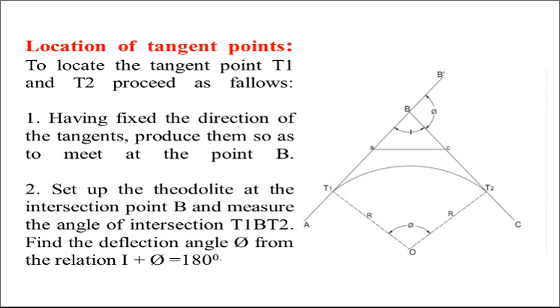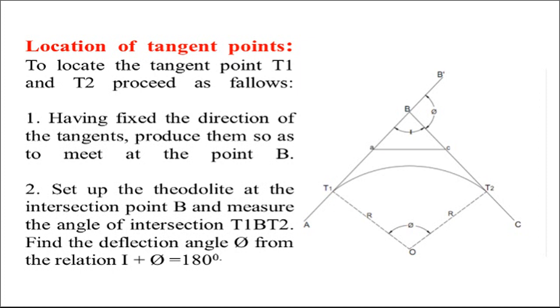First, having fixed the direction of the tangents, produce them so that they meet at a point called B, also known as the intersection point. Set up the theodolite at the intersection point B and measure the angle of intersection T1 B T2, denoted as I, the angle of intersection.